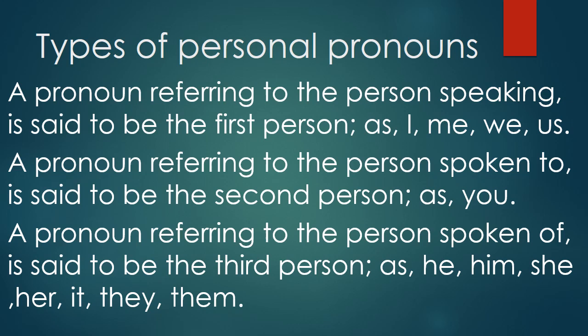For example, if I and you are talking about a third person, someone sitting in the class, then we'll say he is a naughty boy, she is beautiful, she is doing her work, she is energetic, they are playing football. So there we use he, him, she, her, it, they, them.